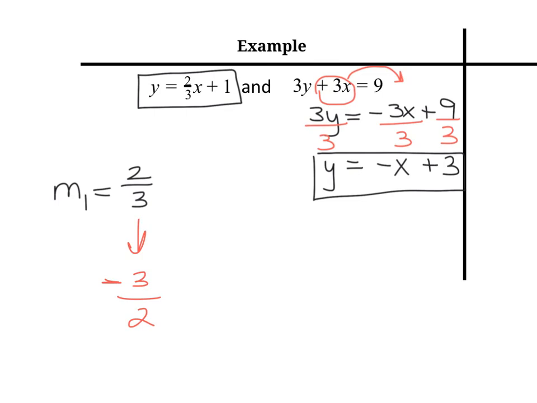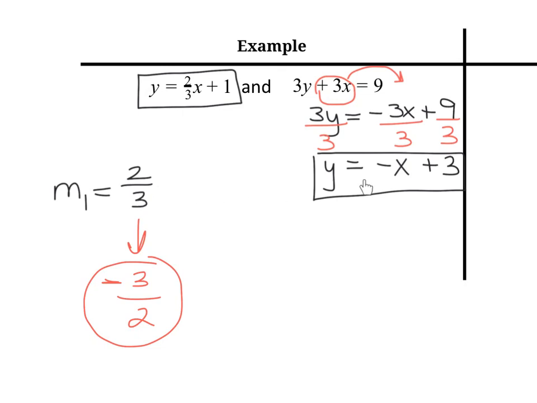So let's check and see, is this slope, negative 3/2, the slope that appears in our second equation? So if I go over to my second equation and I look at the slope, well, the slope here is -1. It is not negative 3/2.